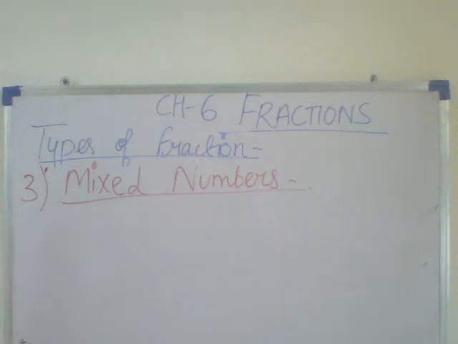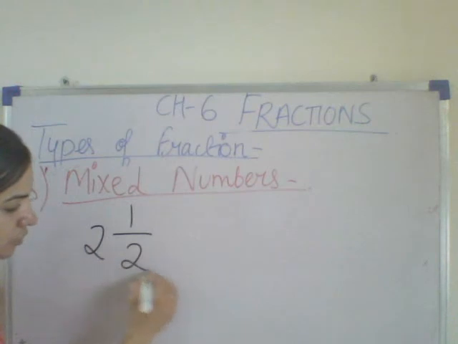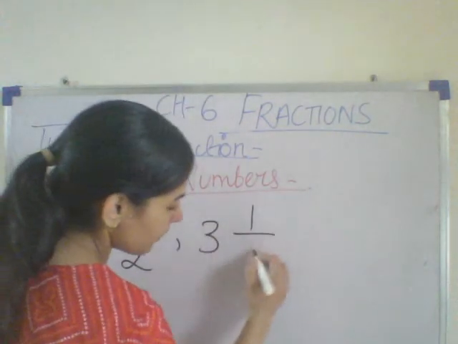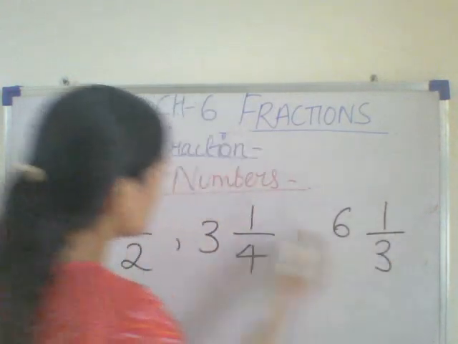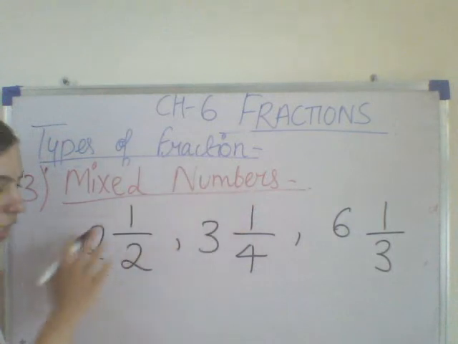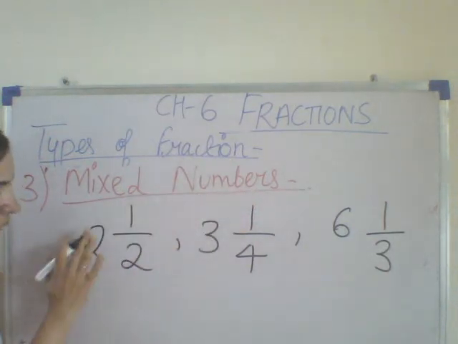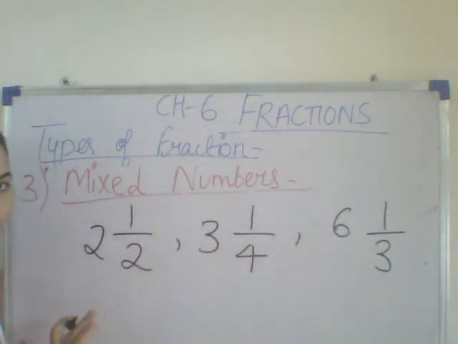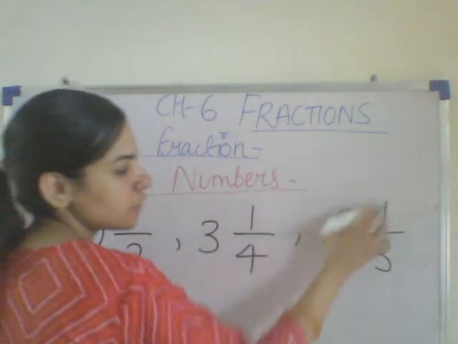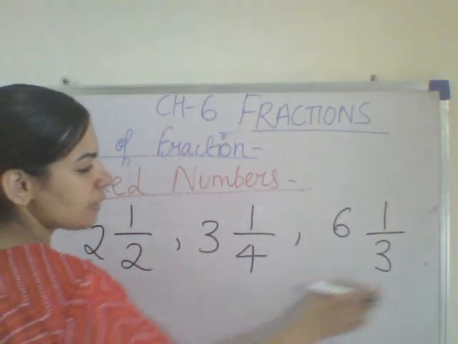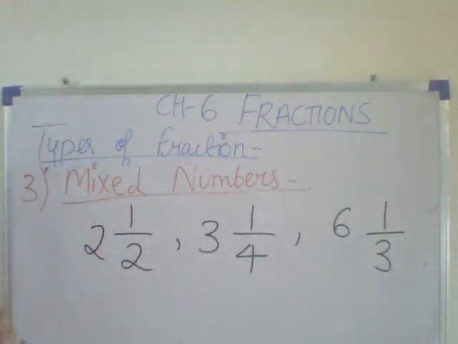For example, 2 1 by 2, 3 1 by 4, 6 1 by 3. Why is it a mixed number? Because in this, 2, 3, 6 are whole numbers, and here a fraction is also there. So these are all examples of mixed numbers.